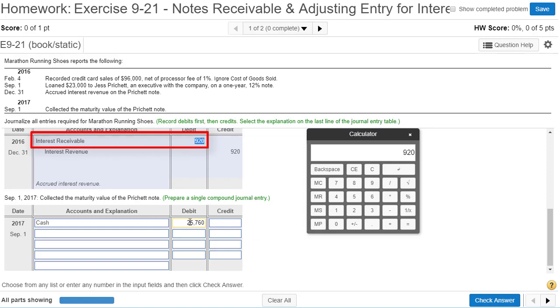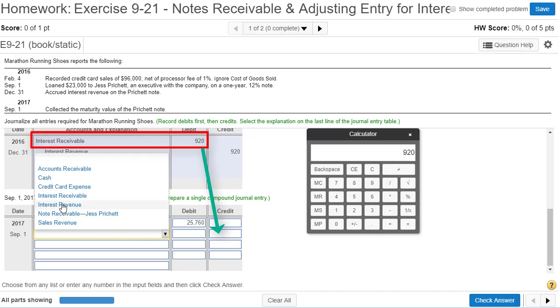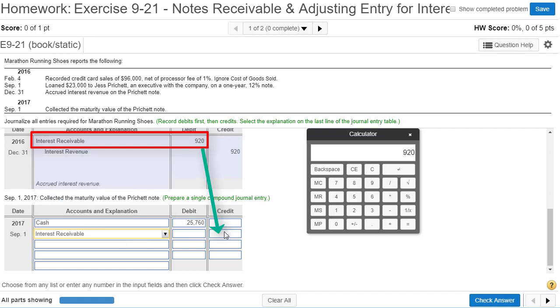So once Jess Pritchett, the person who took this loan out from us, pays us off this interest, do they still owe us the $920? No. So we have to get rid of this receivable. So how do we get rid of a receivable, which is an asset? You have to credit it. So we're going to credit interest receivable by $920.